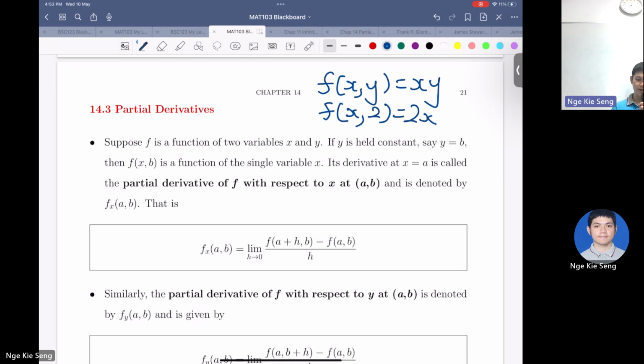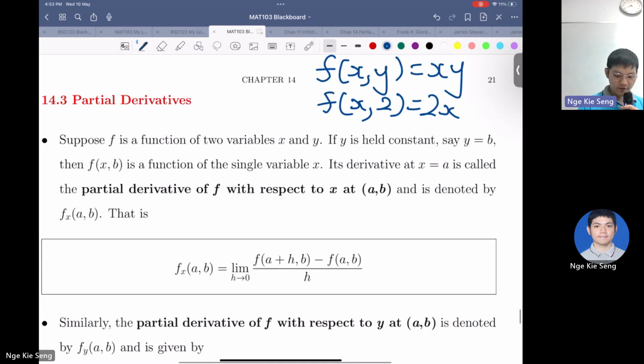It is denoted by f subscript x at (a,b), which is the limit of h going to 0 of f(a+h, b) minus f(a,b) over h. Does this definition make sense or not? Okay.